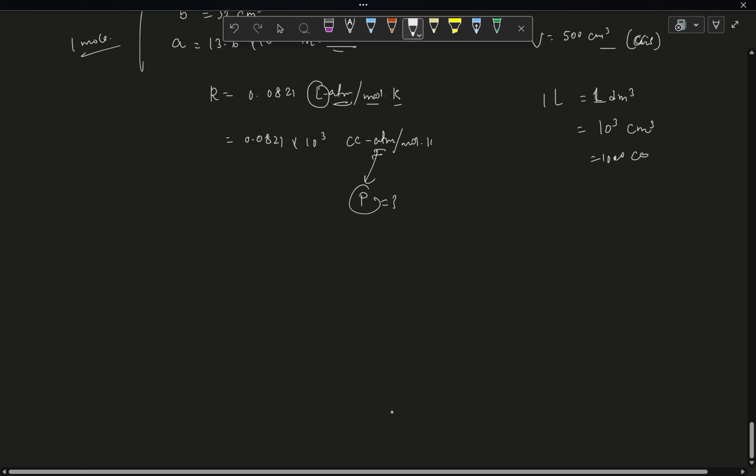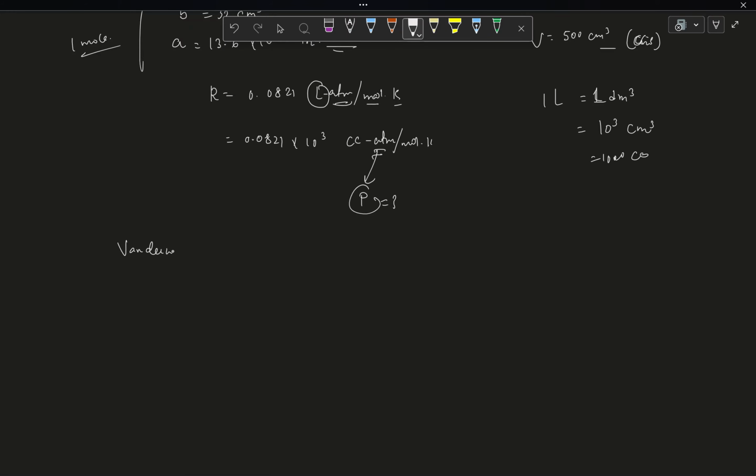Now the information is already there in the question that you need to use the van der Waals equation for real gases. Anyways, otherwise you will not find the constants A and B anywhere. These are only present in the van der Waals equation.